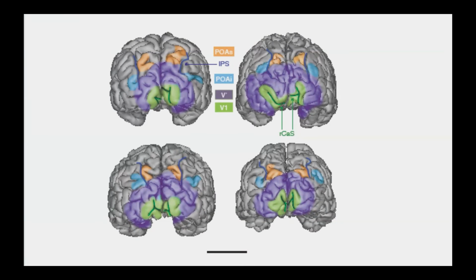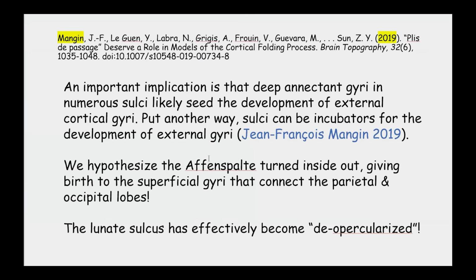All right. So an implication of this work is that during evolution, these little gyri that were deep within the sulcus actually expanded up onto the surface of the whole brain and flowed over, if you will, into the occipital region and gave rise to these human convolutions of the occipital lobe.